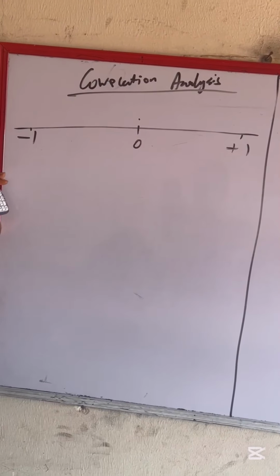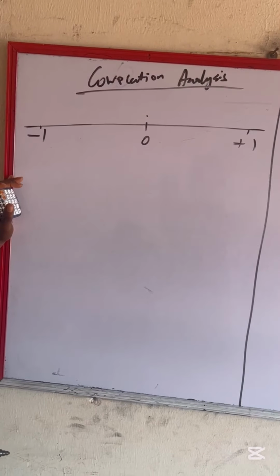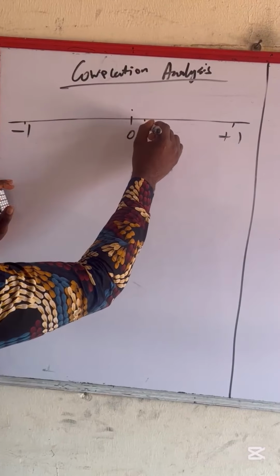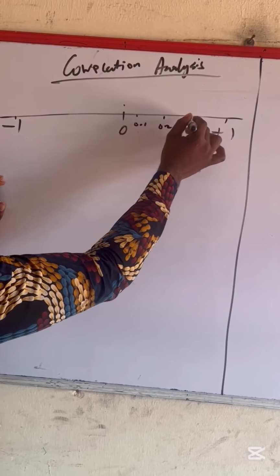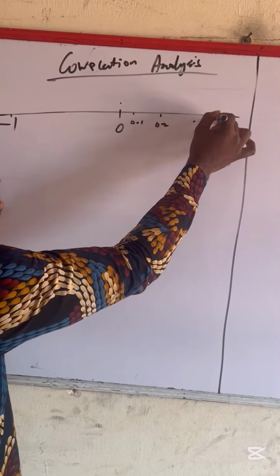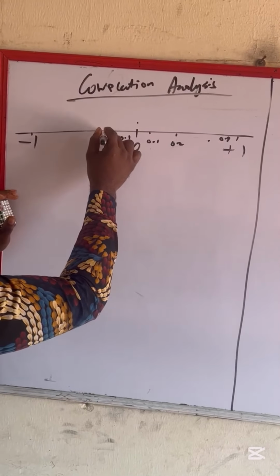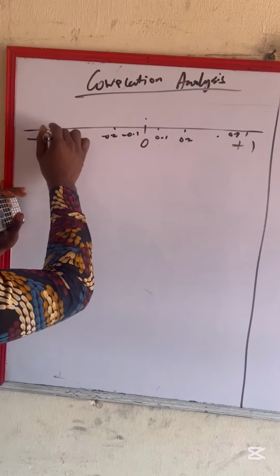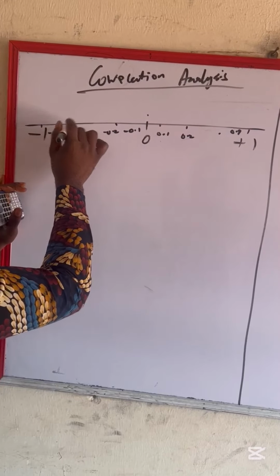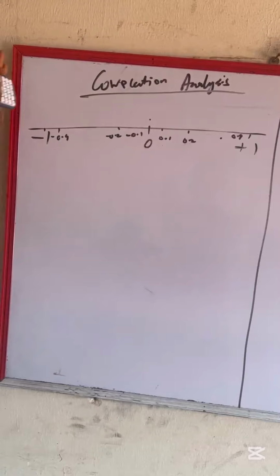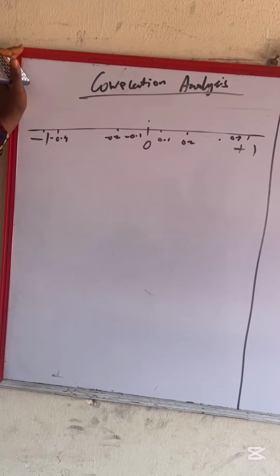So those are the expected values that you can get while solving it. So from here you can have maybe 0.1, 0.2 to 0.9 before 1. The same way here, -0.1, -0.2 to -0.9 before -1. That's just how it can be arranged.